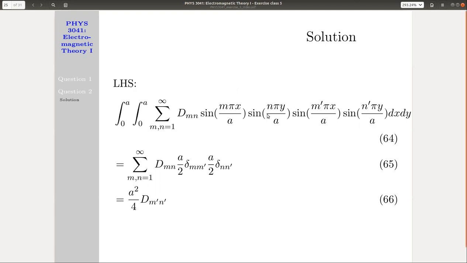And also the y term here, the integral will also give a over 2 delta n prime.